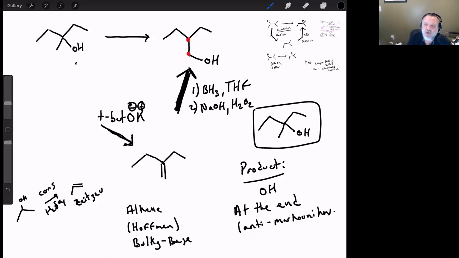But what could I do to eliminate a functional group? What could have been a good functional group at that point? Well, I'm just going to put a simple leaving group here. If I had a good leaving group in that location, then the elimination would proceed in the fashion that I described with the tertiary butoxide.